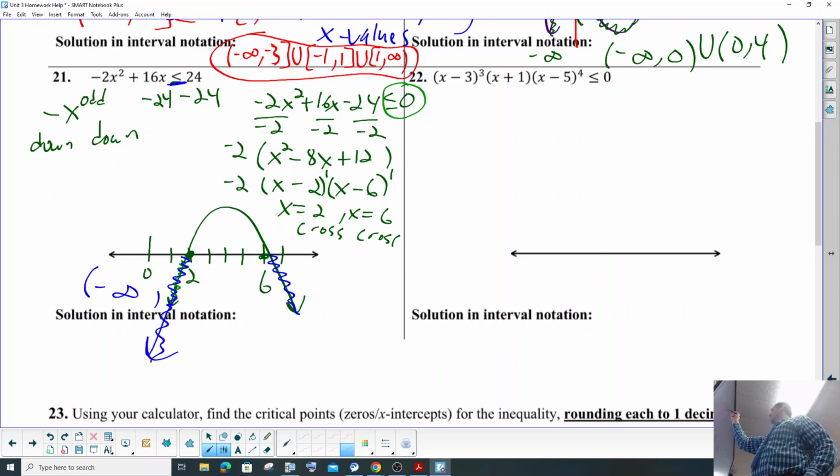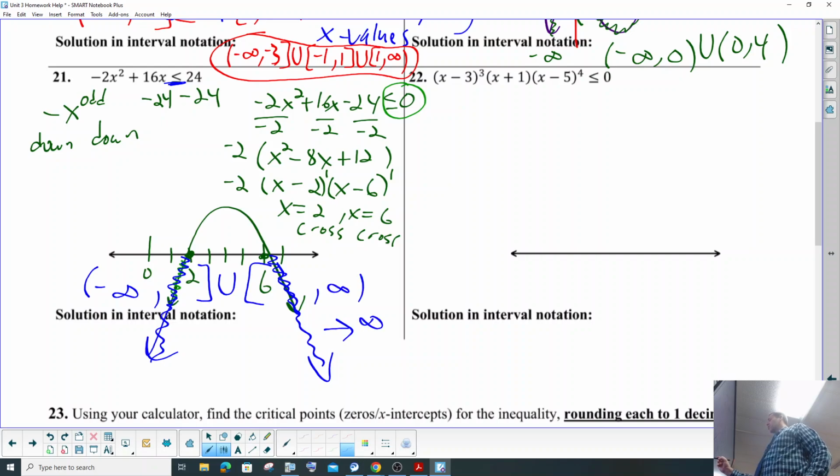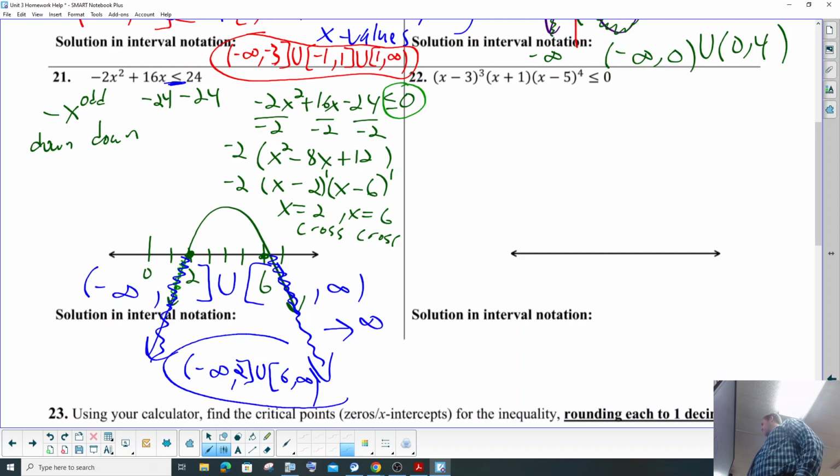Oh, it's equal to, so that means a bracket. In union with 6, as we go down, we're also going to the right, to infinity. So 6 to infinity. So that's our answer for number 21. Negative infinity to bracket 2, union with 6 to infinity. So there's our answer for that one.